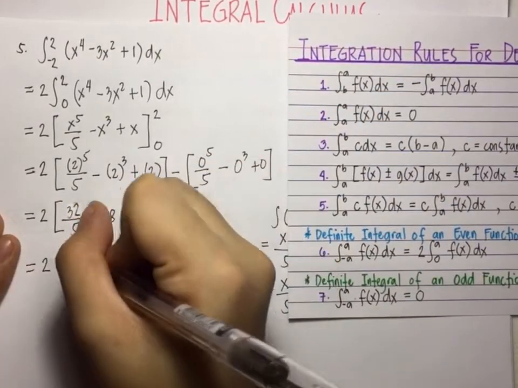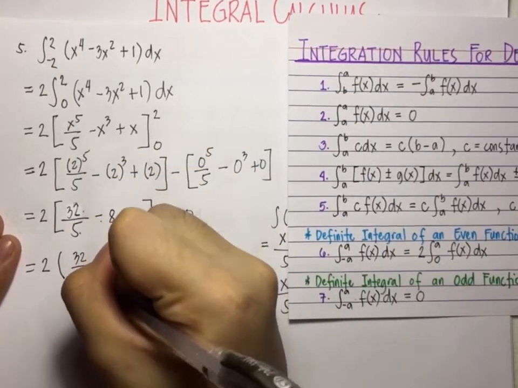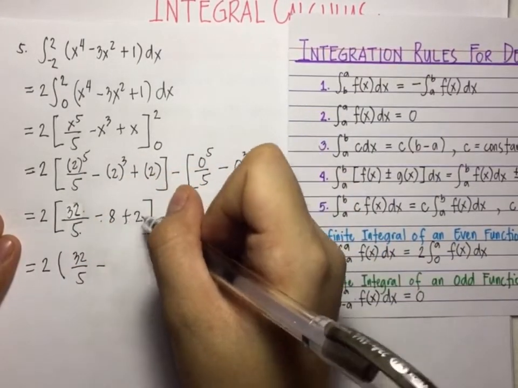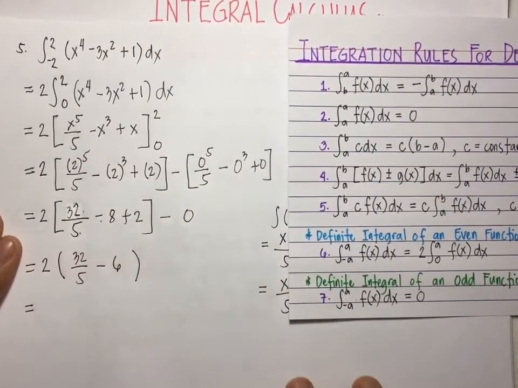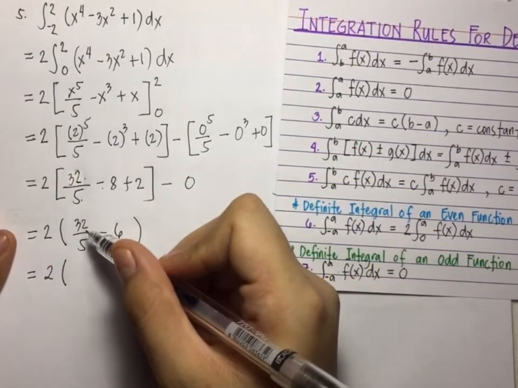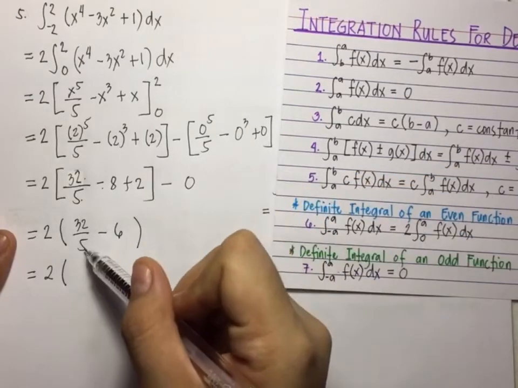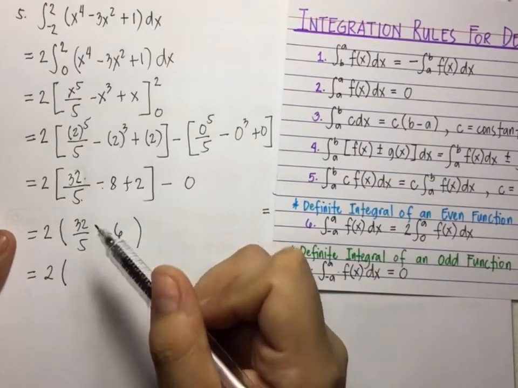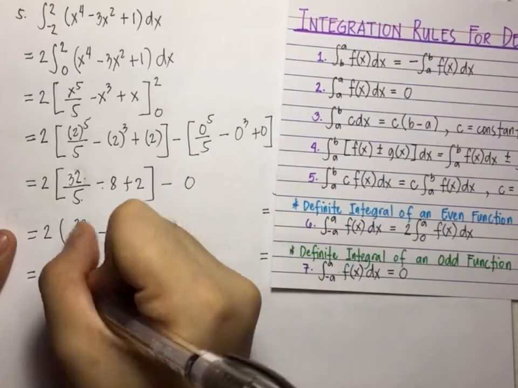So this is 2 times 32 over 5 minus 8 plus 2 is 6. Copy 2 times what is 32 over 5 minus 6. 5 times 6 is 30. So 32 minus 30 is 2.